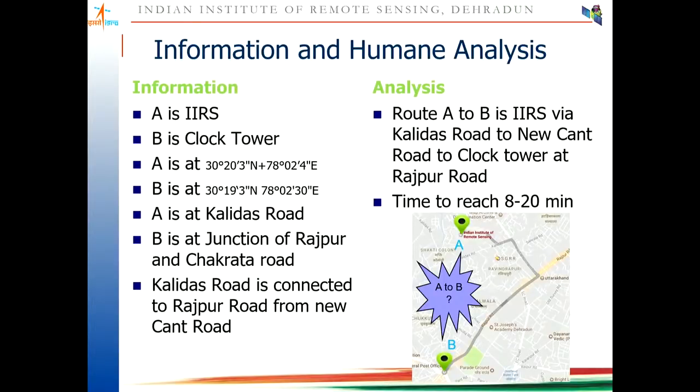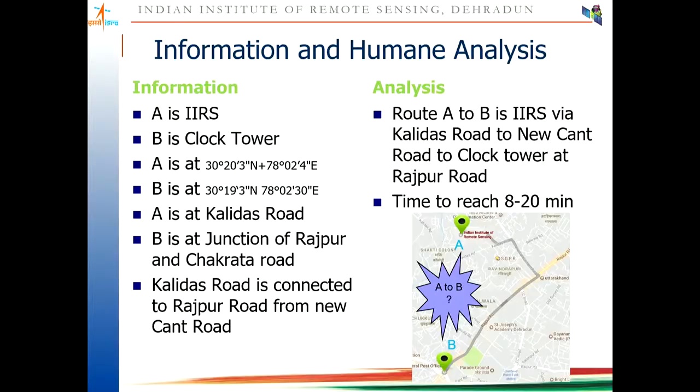To do an organization, we first need to understand how we carry out the analysis. Generally, anyone who is answering should know. Let's say you are on the road and you ask someone, can you please tell me how I can reach from IRS to the clock tower?